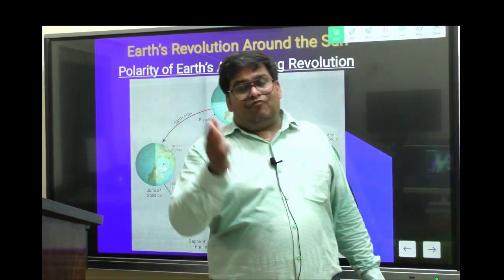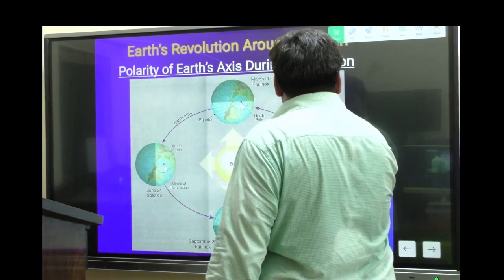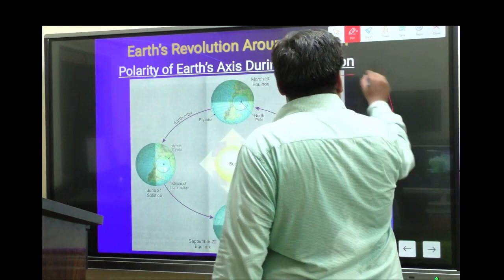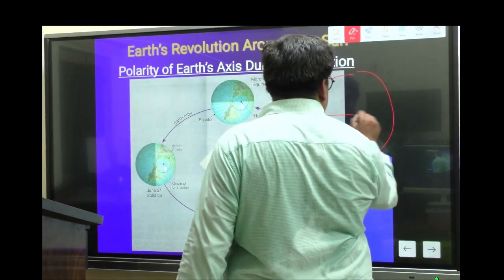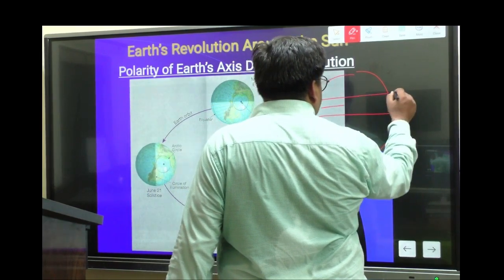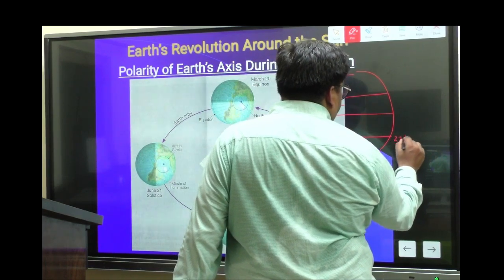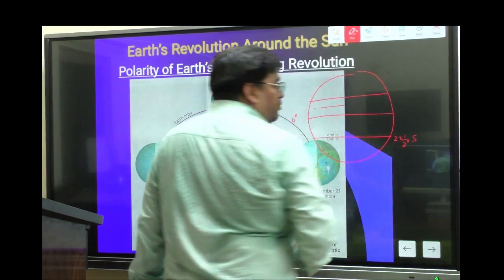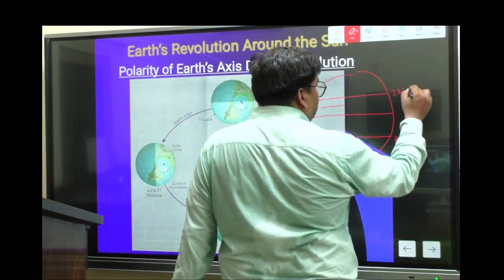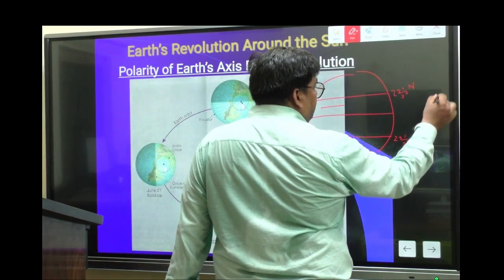If I draw this diagram here, you would understand better. Let's say this is Earth, this is the equator, 0 degrees, this is the Tropic of Cancer, and this is the Tropic of Capricorn. So 23.5 degrees south, Tropic of Capricorn, 23.5 degrees north, Tropic of Cancer, and let's say this is the apparent movement of the Sun.